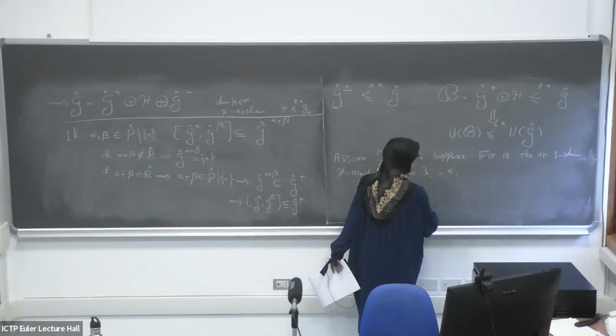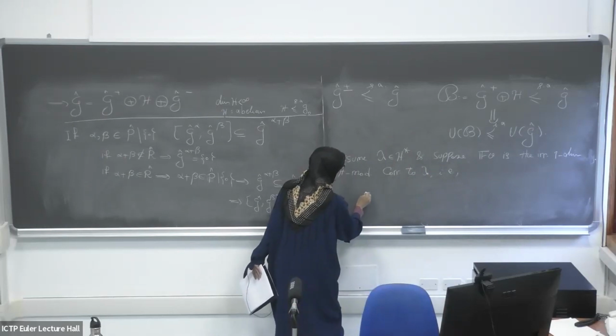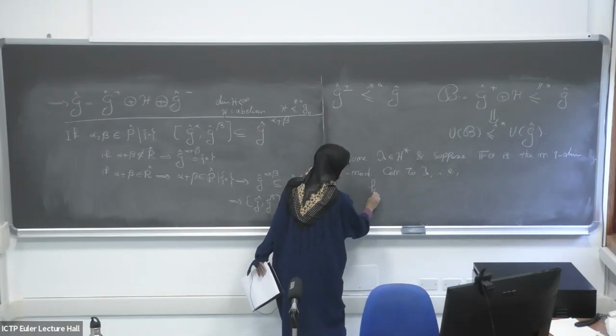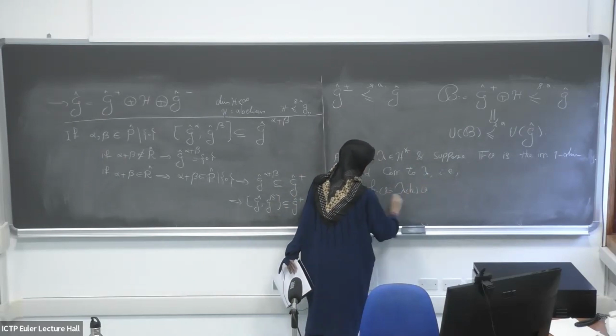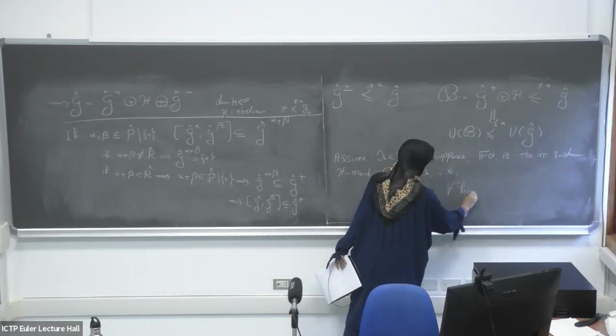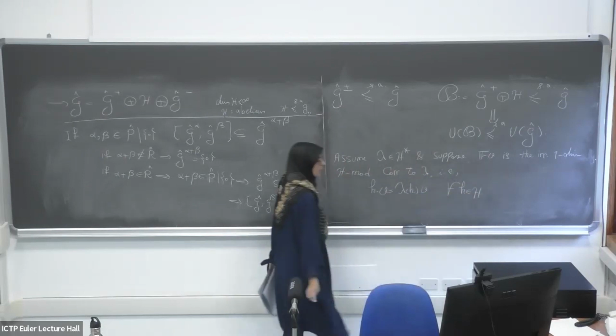That is, hv equals lambda(h)v for all h belongs to H. Right?